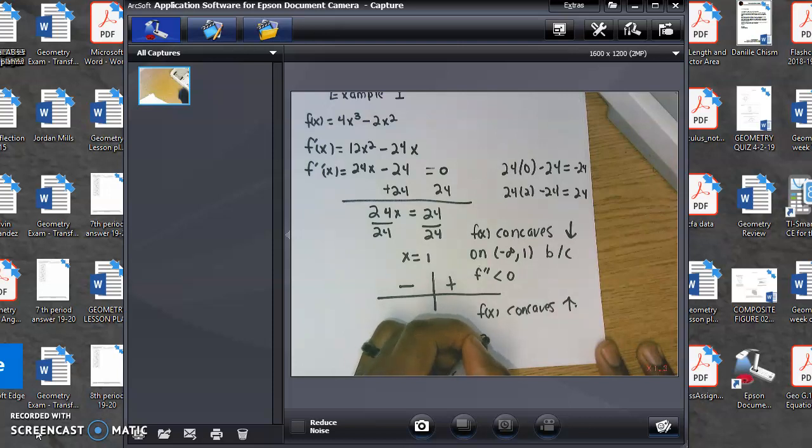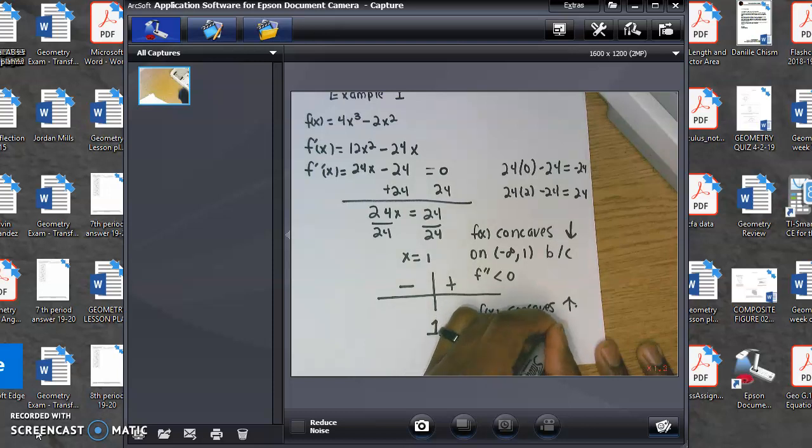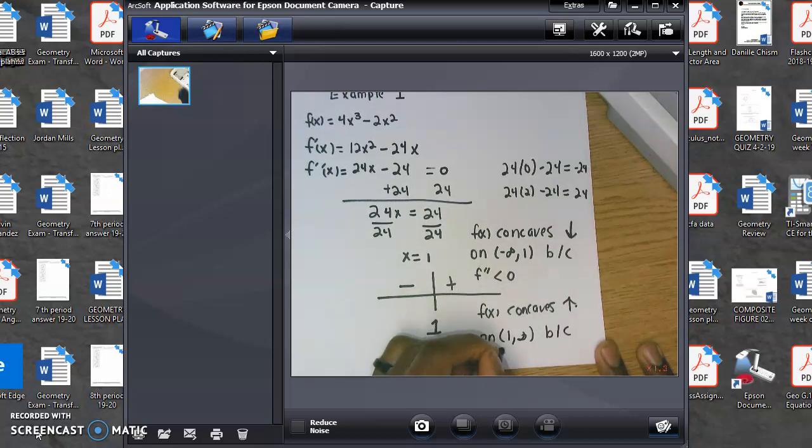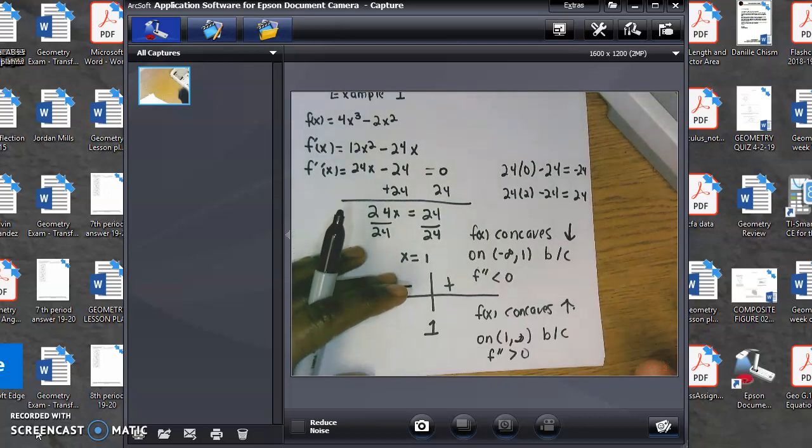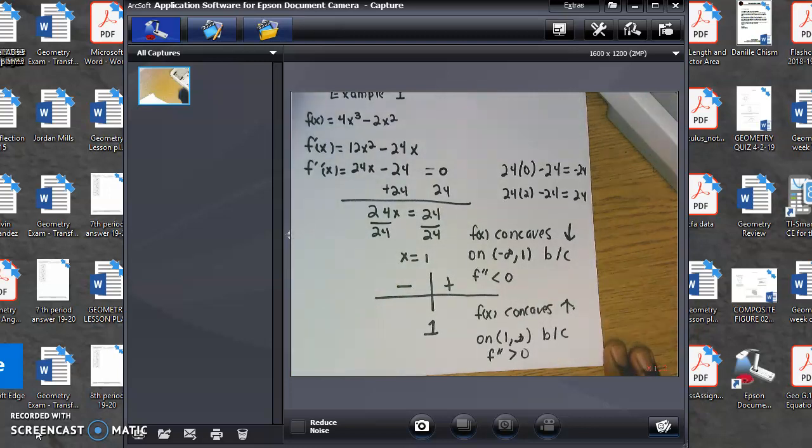So it concaves up on the interval 1 to infinity because f double prime is actually greater than 0. So remember, a point of inflection is just where your second derivative is changing either from positive to negative or negative to positive, because the point of inflection is where your concavity is changing. So let's just kind of get a picture of what that would look like on an actual graph.